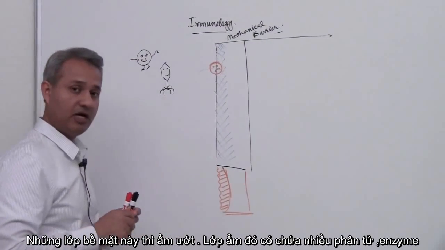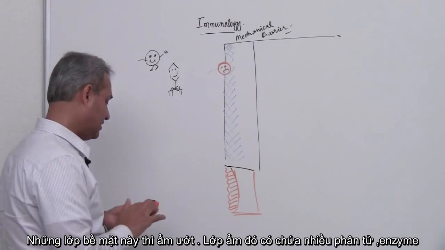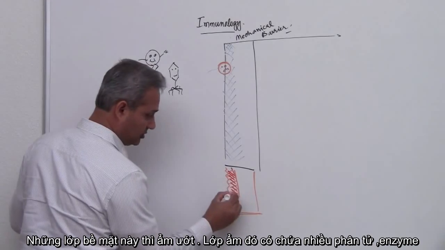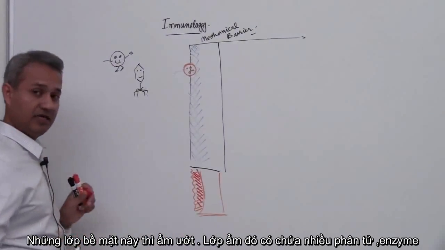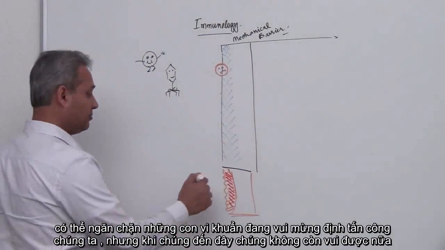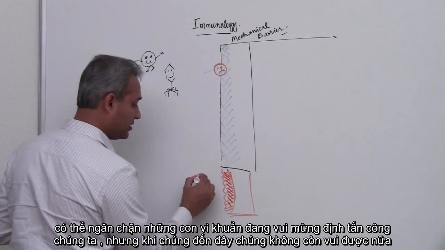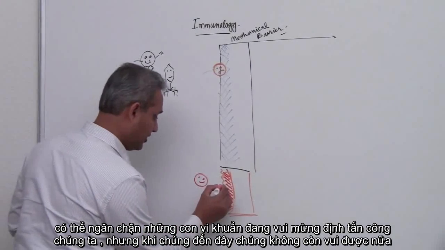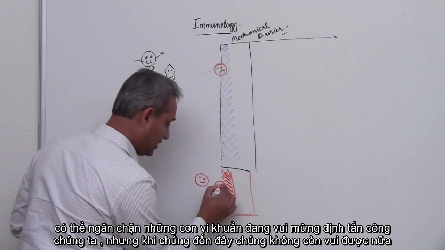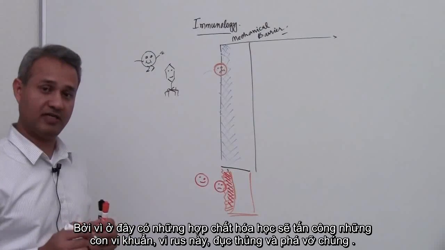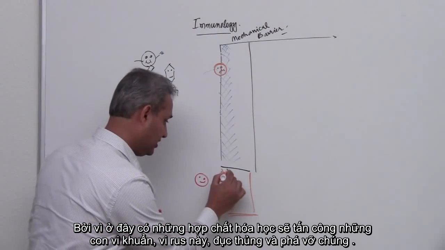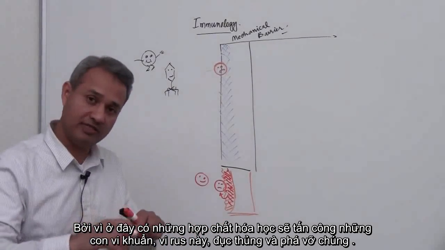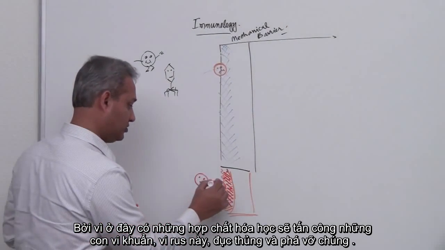These surfaces are moist, and that moisture contains molecules and enzymes which can stop a happy bacterium who is trying to attack us. When it comes over here, it is no more happy, because there are chemical substances sitting in here which would attack it, make holes in this virus or bacteria and try to damage it.